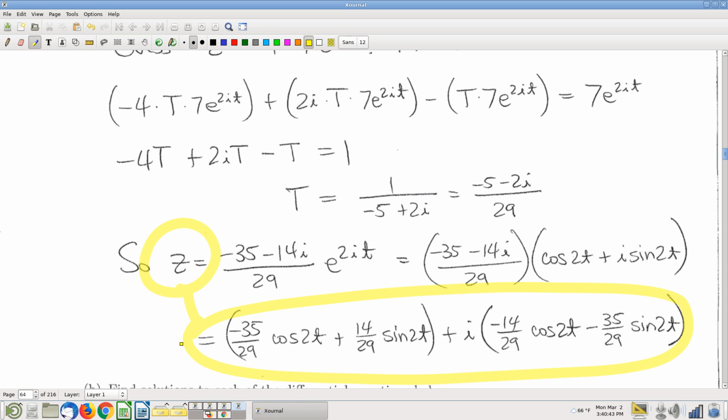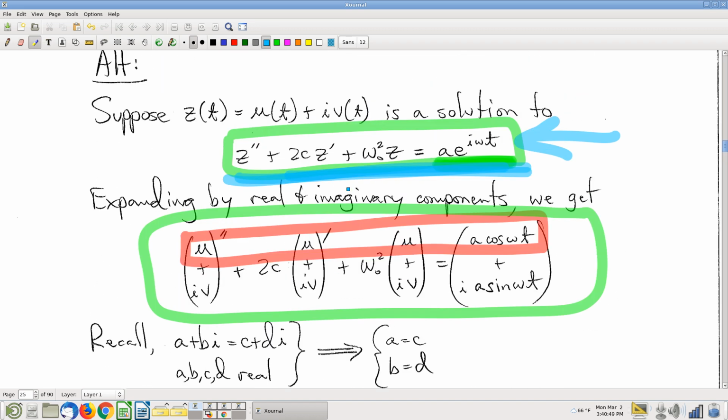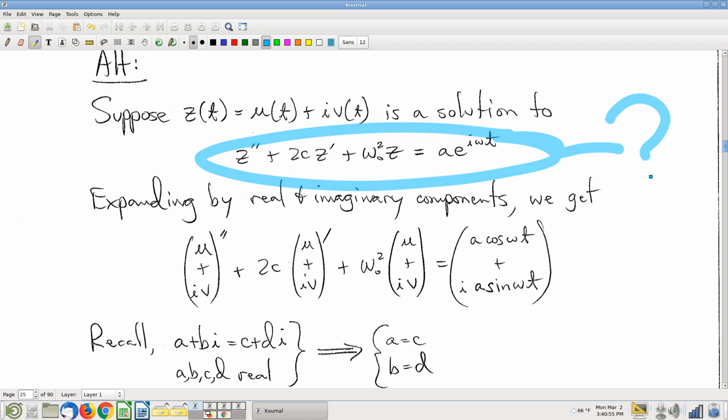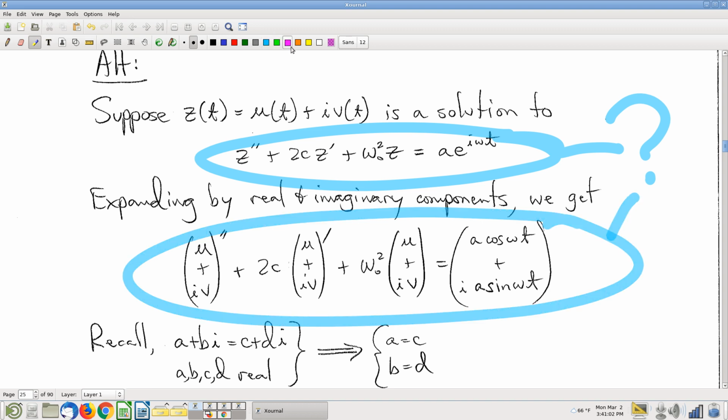Okay. All right. So now, how does this pertain to, let's look back at what we were doing this kind of thing for in the first place. Why was I interested in solving equations that look like this? Well, the reason is because, more to the point, I want to solve equations that look like this.